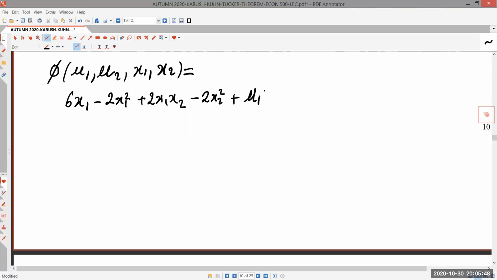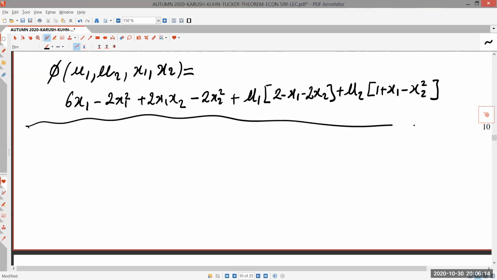This is the first constraint function's dual variable, and that is the linear function. And also the dual variable for the second constraint, and that one is 1 plus x1 minus x2 square. Right? Now here, let us look at the conditions.